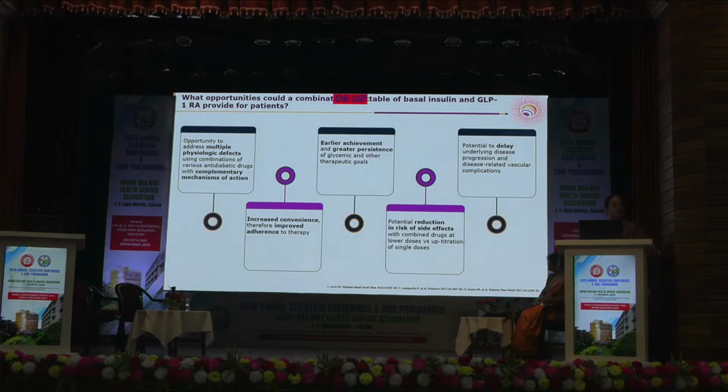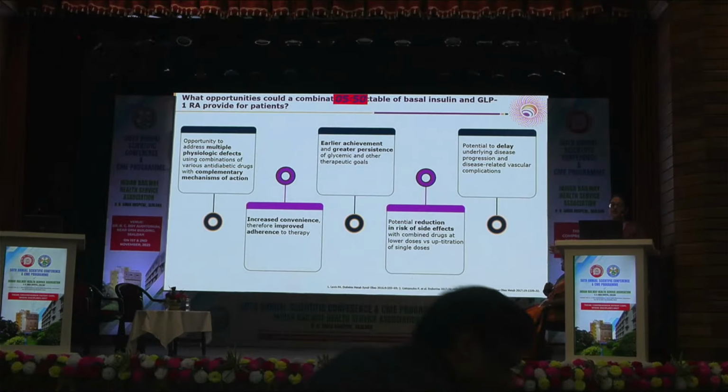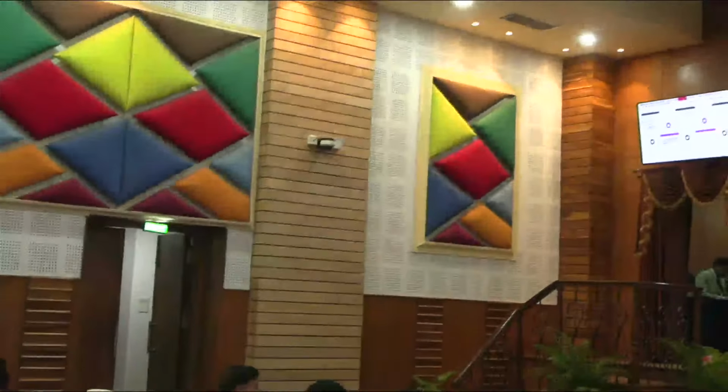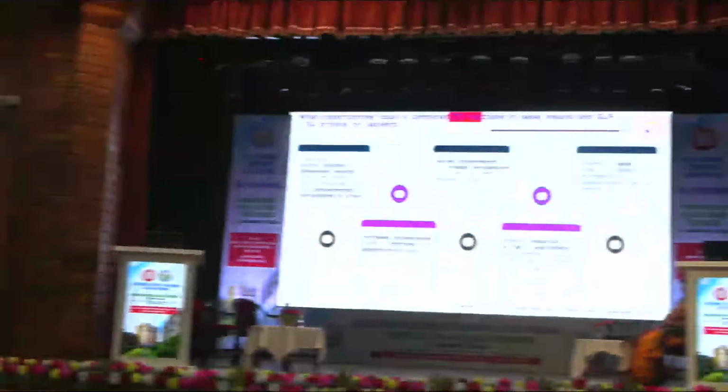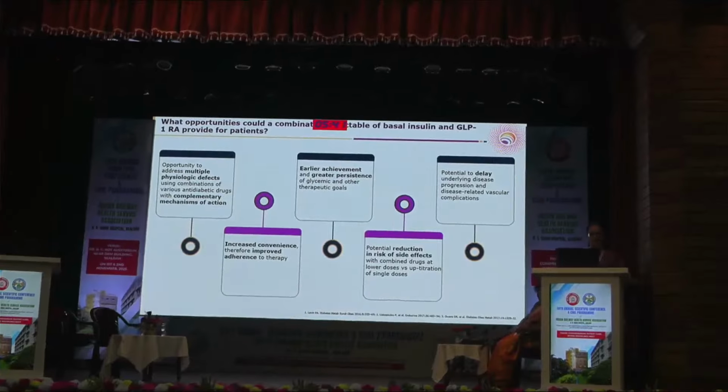So why do we use it? Because it acts on multiple pathophysiological defects of diabetes. So we attain glycemic control early and sustainably, thus delaying the progress of the disease and of the complications, improving the quality of life and the cost effectiveness of the therapy.